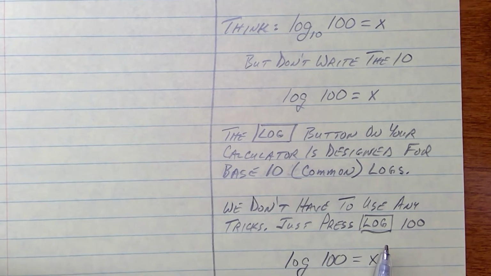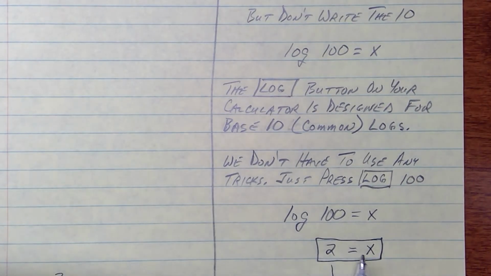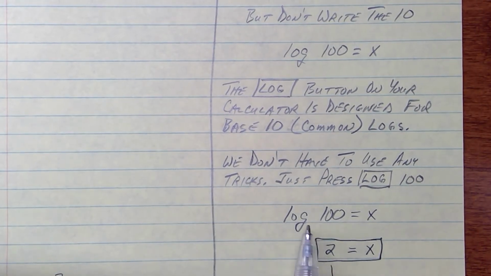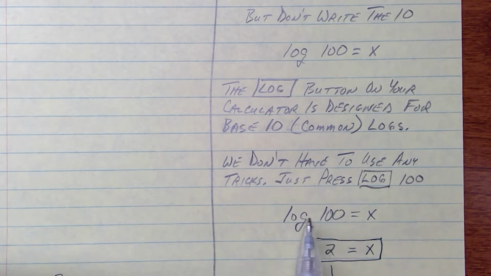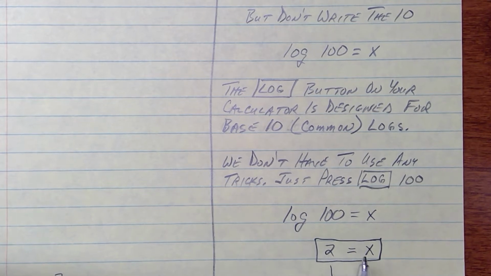Just press log 100 and you get 2. Common logs are super easy to figure out.